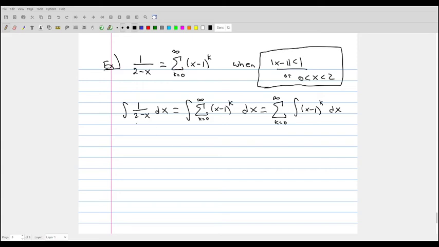And so the indefinite integral of 1 over 2 minus x is the antiderivative of 1 over 2 minus x, which is negative the natural log of the absolute value of 2 minus x, plus c.